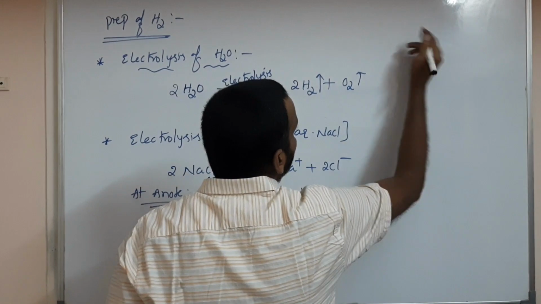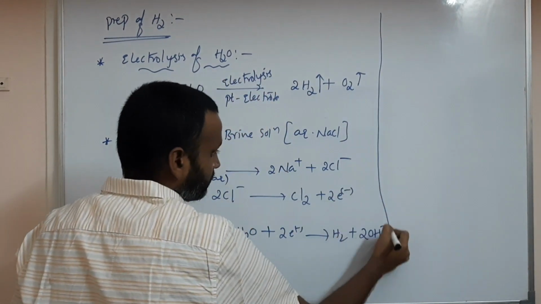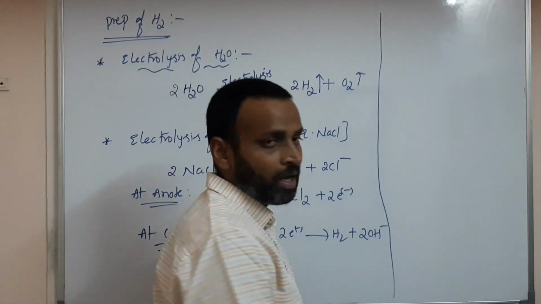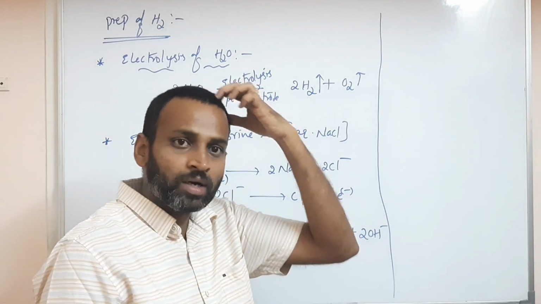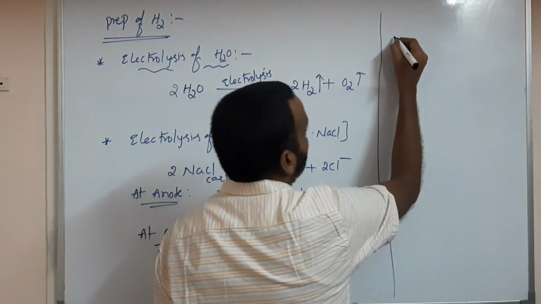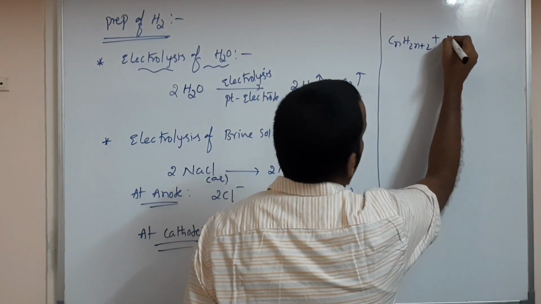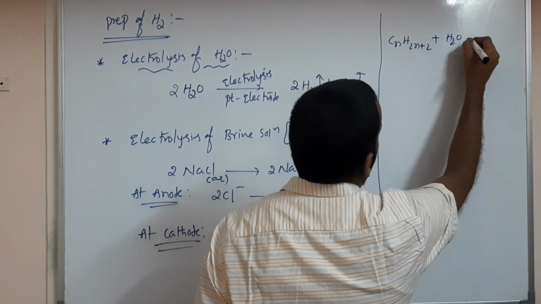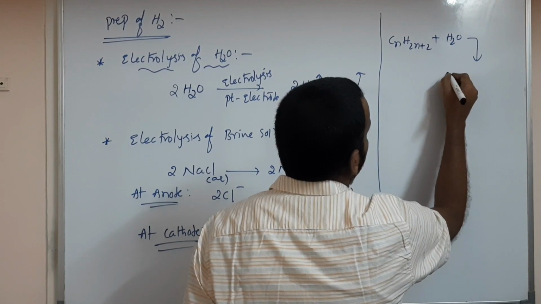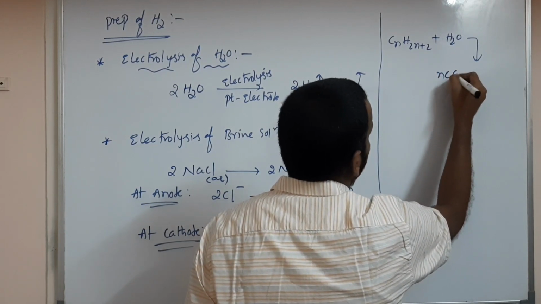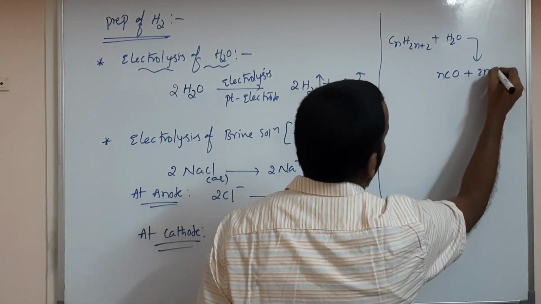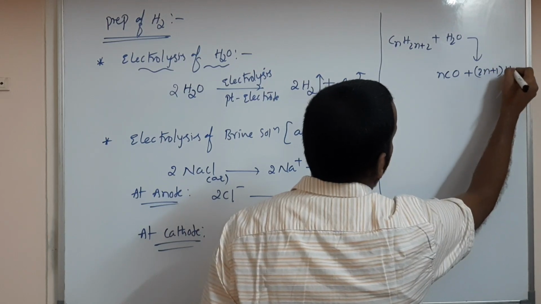And you can have it in one more way, from hydrocarbons. When you heat hydrocarbons, CnH2n+2, with water, you will get n moles of CO and 2n+1 moles of H2.